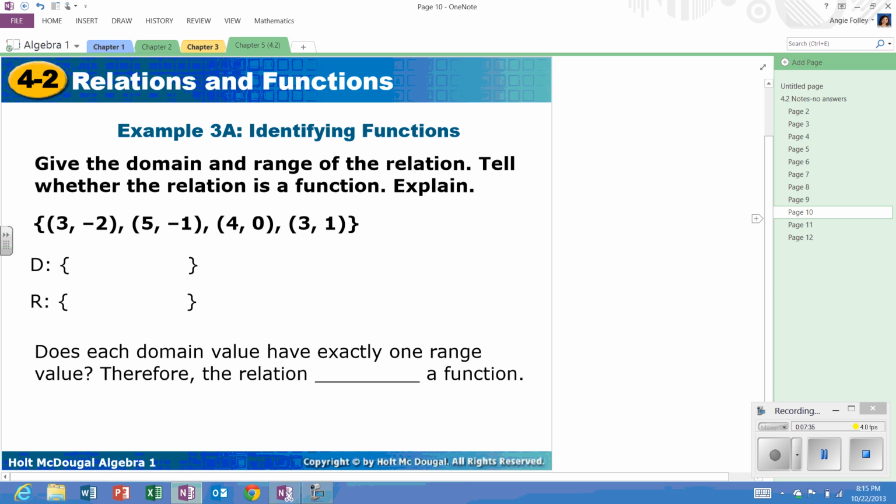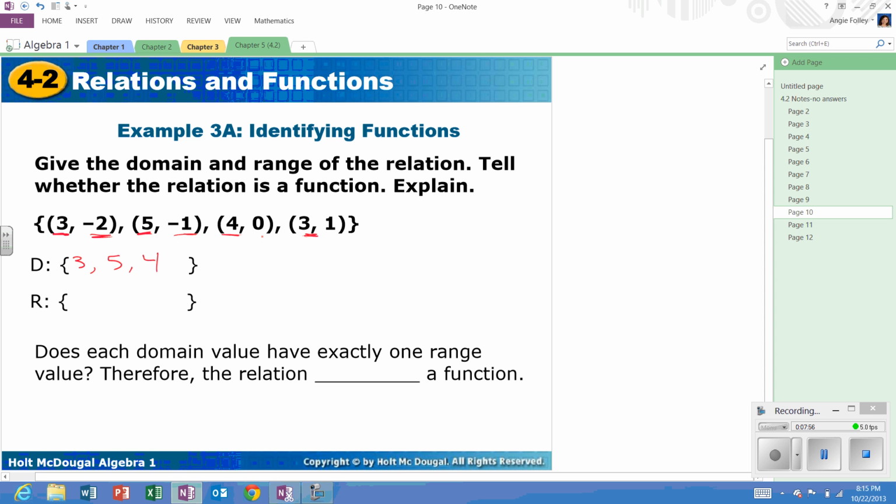So we're given a relation here, and we want to decide if it's a function or not. So we're going to list out our domain and ranges first. So our domain is just all the x values. So 3, 5, 4. And I don't have to list this 3 again since it's already listed once, but that should be a big hint to you right there.